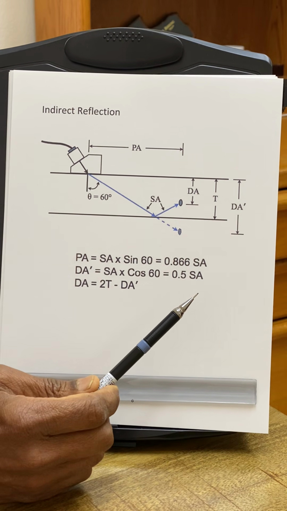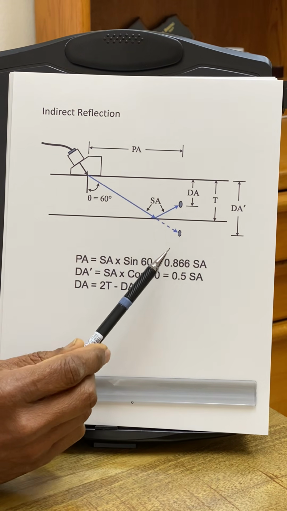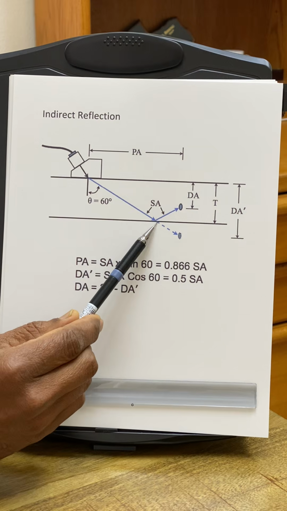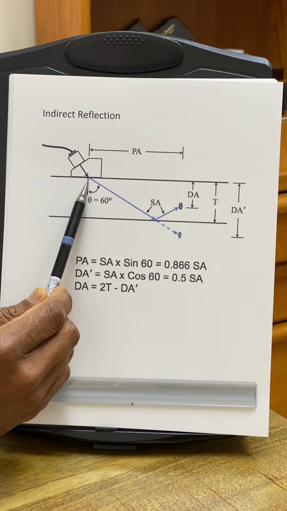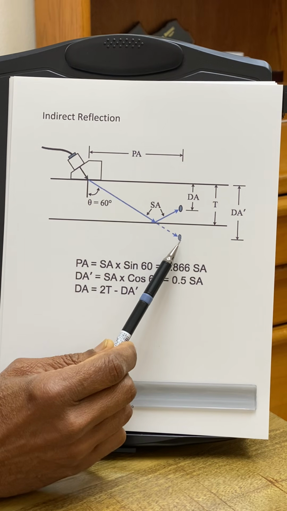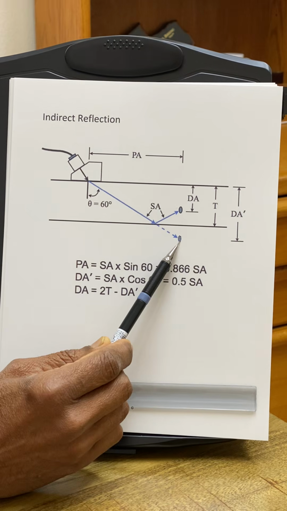In this case, the UT machine really doesn't know that there is a reflection here. So it will compute the SA and the DA at this location, which is actually hanging in the air.